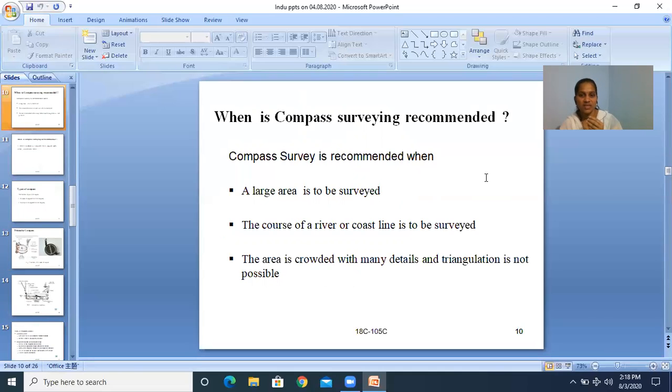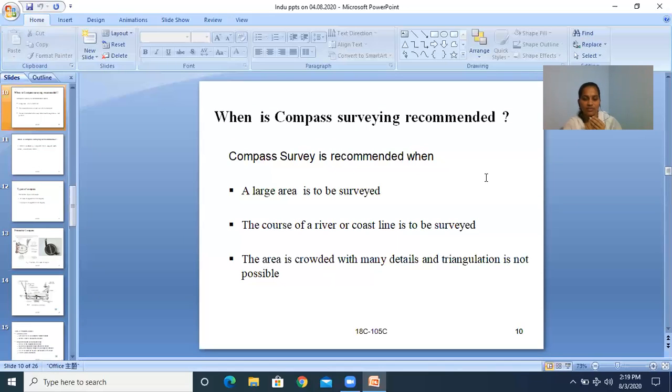When is compass surveying recommended, or what are the purposes of compass surveying? You can note that. Compass surveying is recommended when a large area is to be surveyed. Just now we have discussed. Large area is to be surveyed, then we recommend compass surveying.